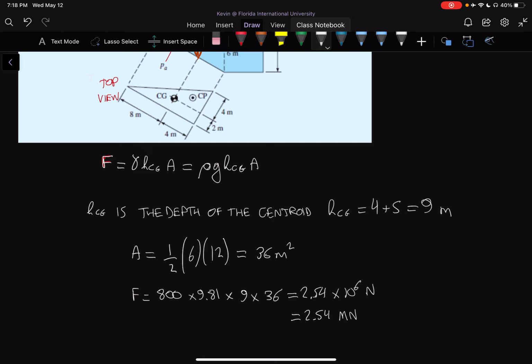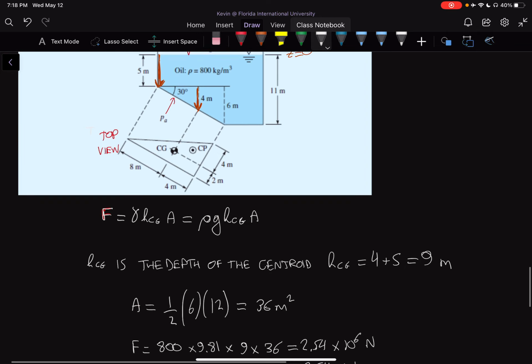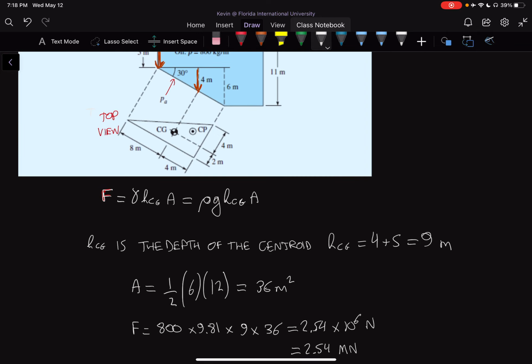Now, the other thing that we're told is to find the CP on the panel. So to find the CP on the panel, we know that the center of our axis is CG. And in order to find Y and X, we need to come up with dimensions that would make sense for Y and X. So how are we going to do this?